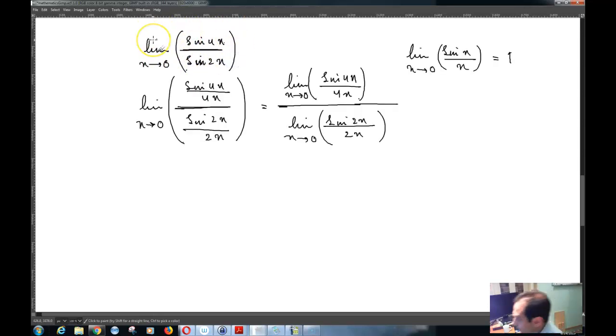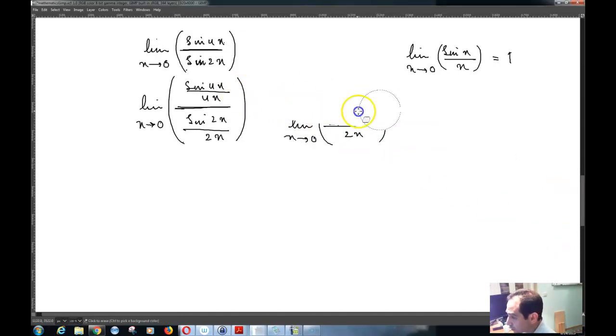Suppose that you have, for example, the limit of sine 4x over sine 2x when x tends to 0. Okay, so I made a mistake over here.